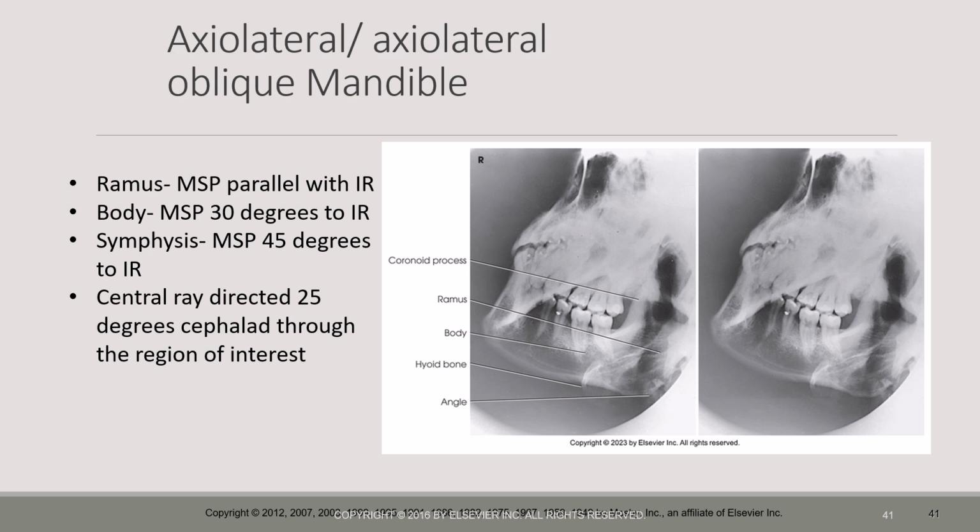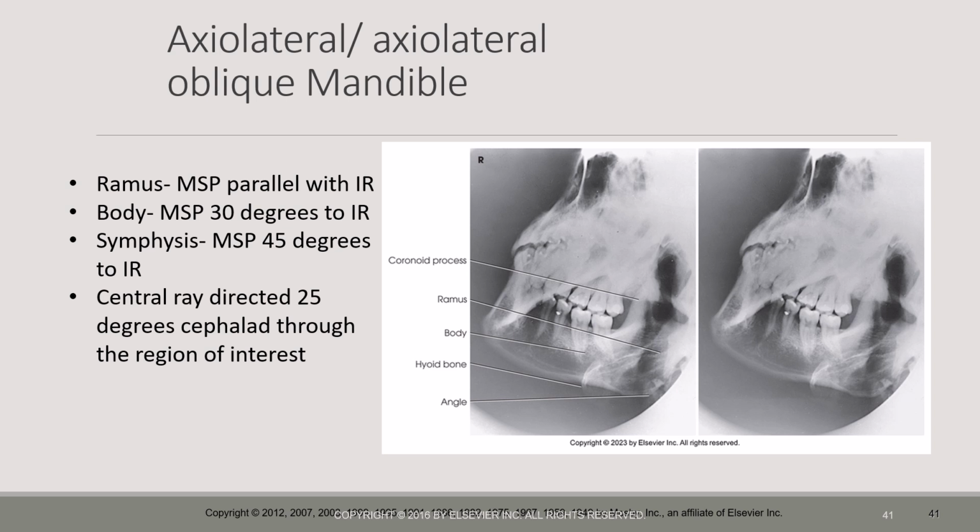If you want to see the symphysis of the mandible, you need to rotate the mid-sagittal plane to a true 45-degree oblique to the image receptor, so the whole head is turned 45 degrees into the image receptor, and then center to the mental point from the underside.